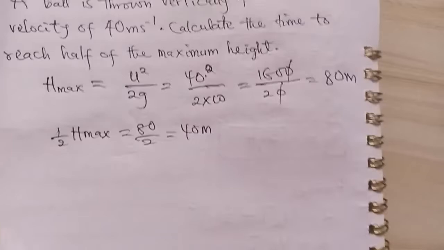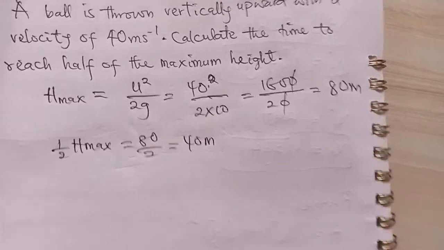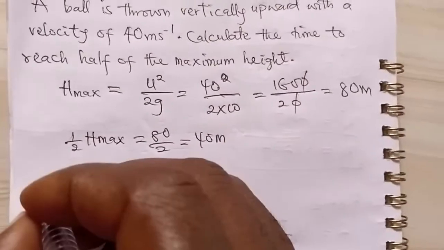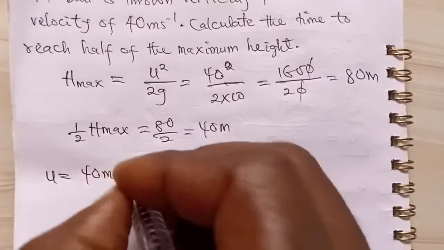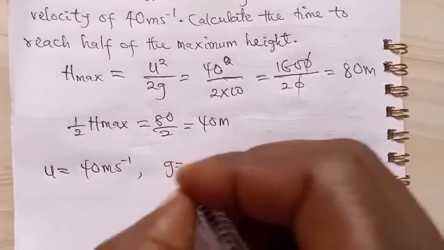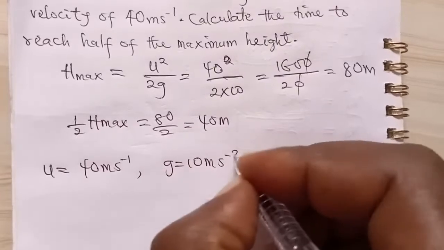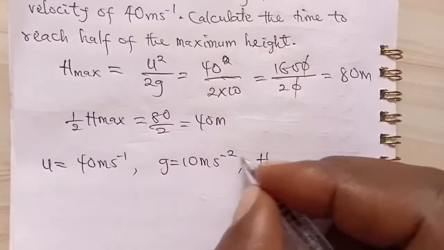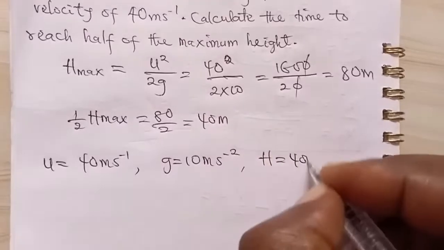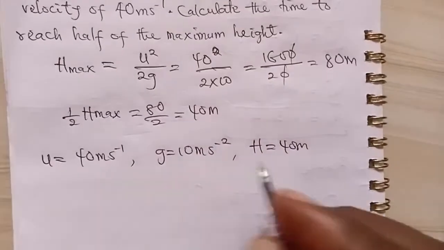So having gotten half of that maximum height, let's bring out the parameters. U given to us is 40 meters per second, g is 10 meters per second squared, then the height that we're going to use, which is half of that maximum height, is 40 meters.